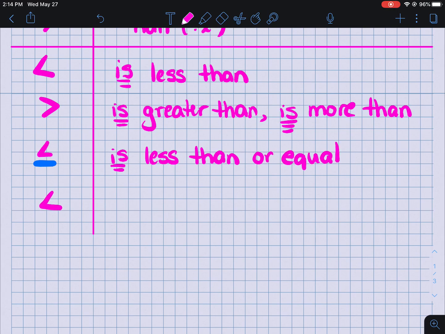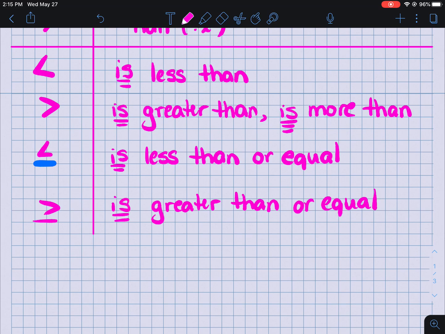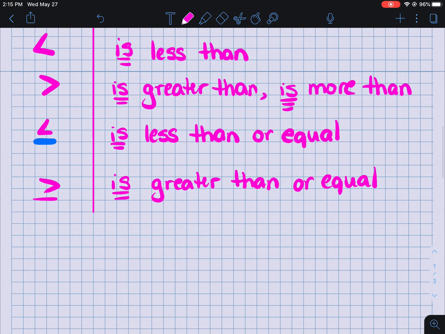And then of course we have the other one, whoa, I didn't make the other one. The other symbol, the greater than or equal to. Again, it needs to say is greater than or equal to. That is the key to know that we're going to be now using an inequality, and that can get a little confusing. So we're going to practice that a lot tomorrow when you get to class.